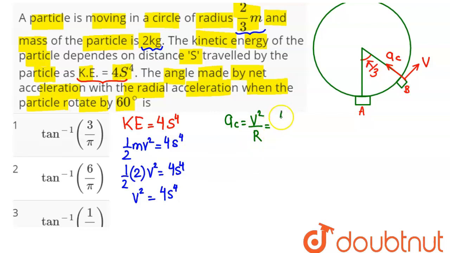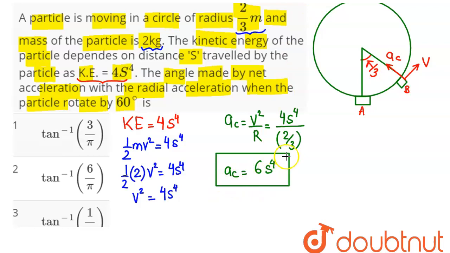Now v square we have calculated as 4s to the power 4, divided by radius 2/3. Hence the centripetal acceleration comes out to be 6 into s to the power 3. So this is the value of centripetal acceleration.